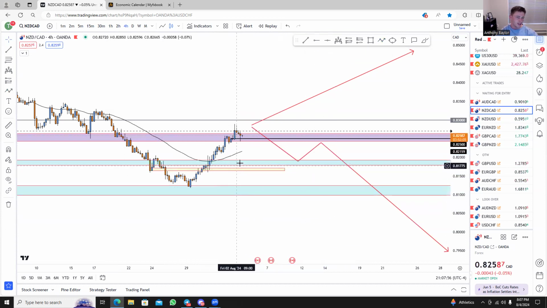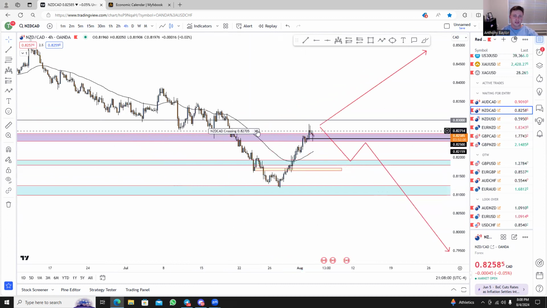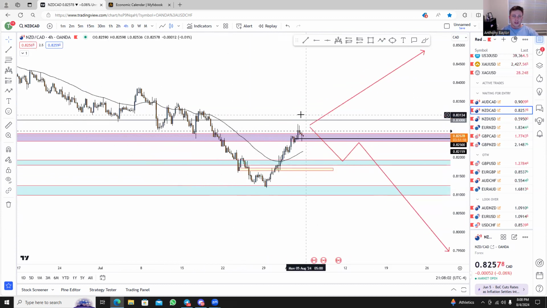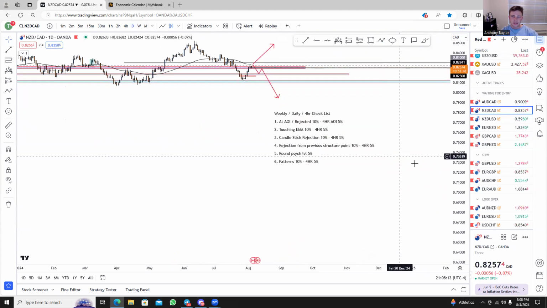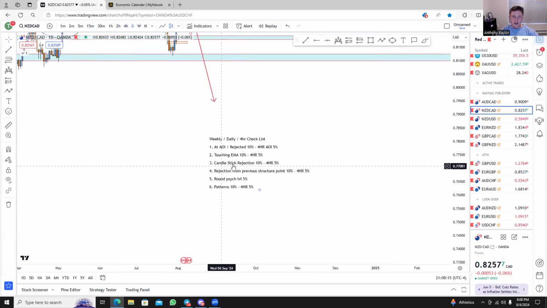Blue boxes are weekly areas of interest, and yellow boxes are 4 hour areas of interest. I have these lines in here to mark out round psychological levels. So this is a round psychological level. If y'all know, I do a grading system on my chart. How I break my charts down is weekly, daily, 4-hour, a checklist.